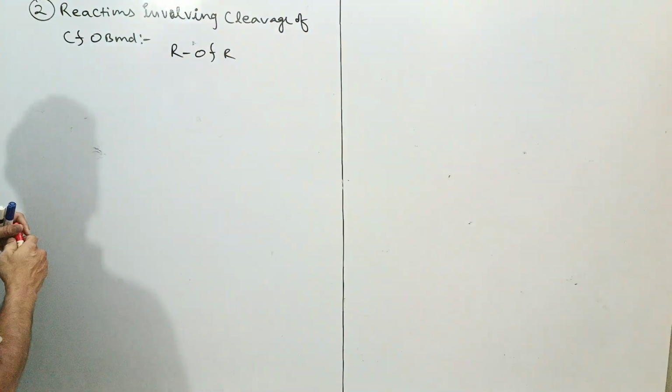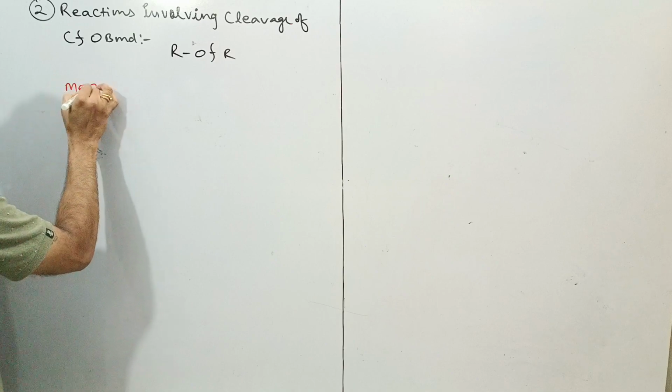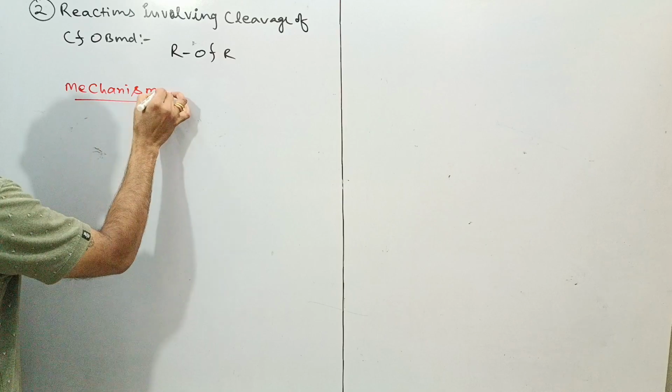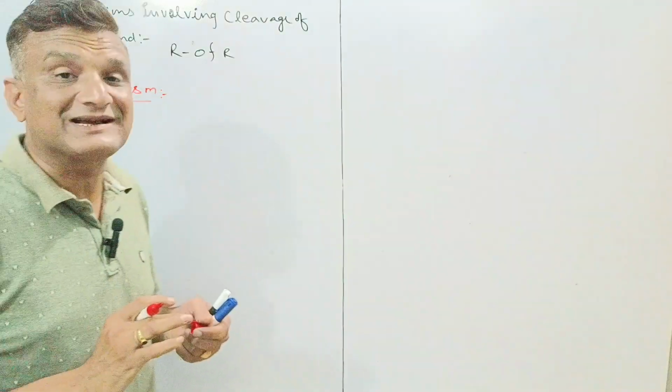Further we'll go with the mechanism. This is the mechanism. First of all, we'll go with the limited amount of the HI.